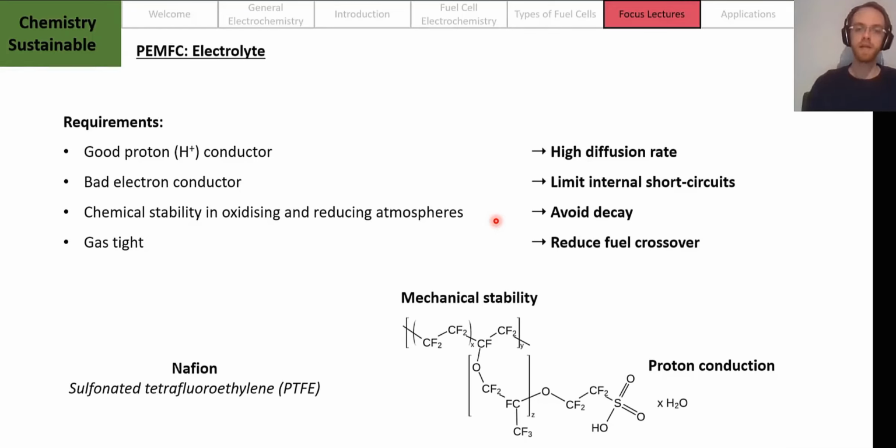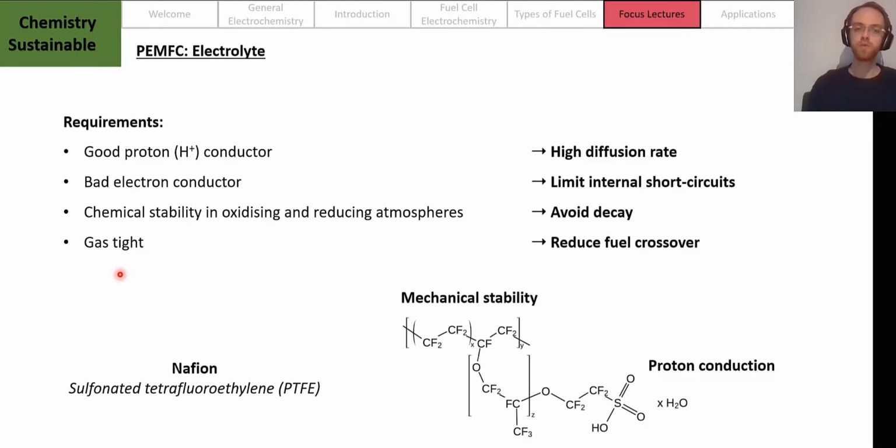Because I've highlighted before that there's a high significance of this triple phase boundary, and this requires that all of the three different phases, the gas phase, your cathode, for example, and your electrolyte, are in spatial proximity to one another. And another pretty obvious point is that the electrolyte has to be gas tight, of course.